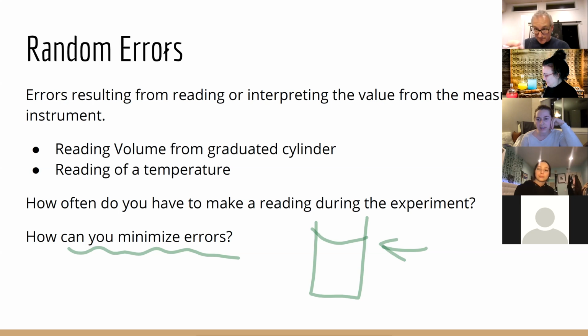I've got to get down to whatever level that is. So if it's around 8, I have to put my eyes right at 8 and then look directly at it. Because if I look from above, it's going to look like it's smaller than it really is. And if I look from below, it's going to look larger than it actually is. So that's one way to reduce the error for that particular measurement.